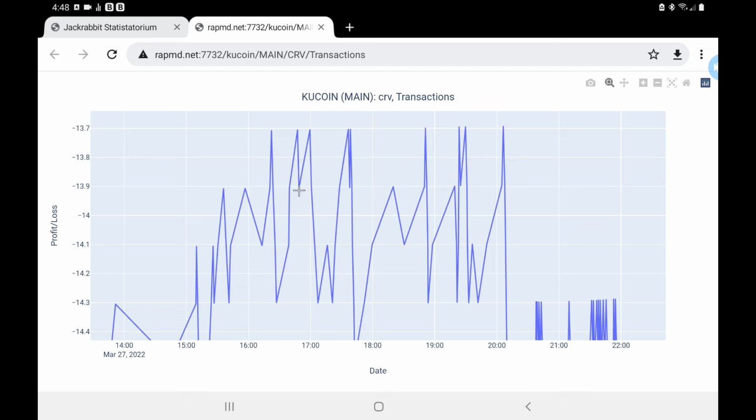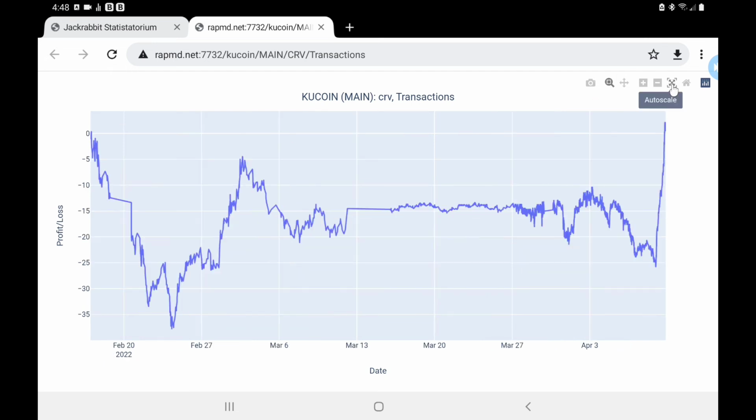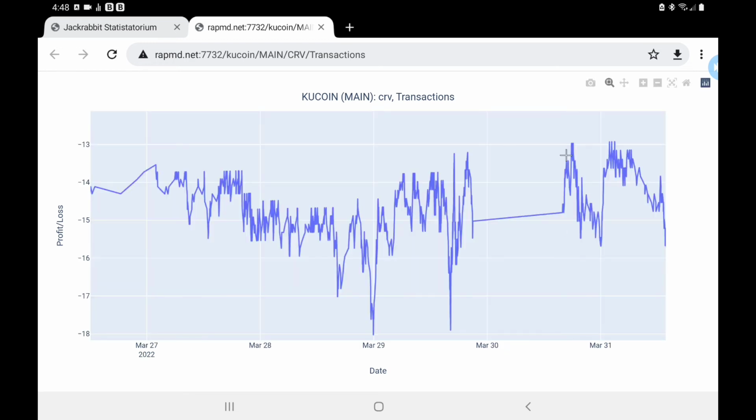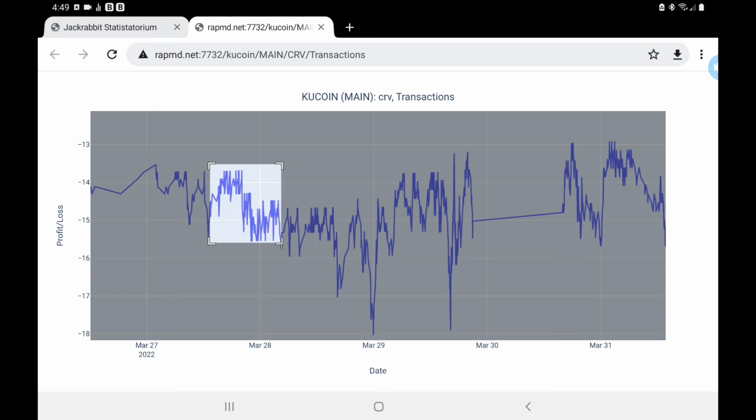This peak is higher than this peak. So this coin is sustaining a 0.3% trade. And you can see it here as well. Let me get back here. You can see the impact of the trading. And that really is the point.